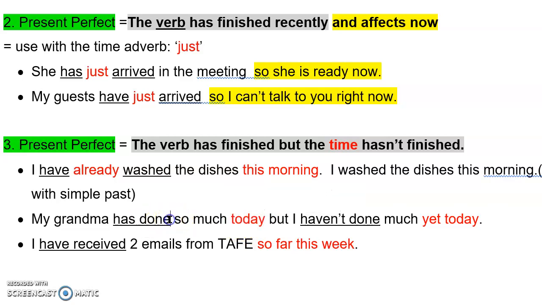But so far, my grandma has done, she's finished a lot of things. She's done a lot of jobs. Maybe she's been to the supermarket, she's made lunch, she's cleaned the house, she's read a book. Until now, she has done so much.